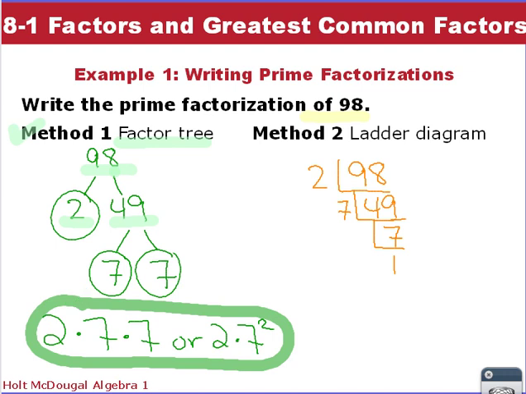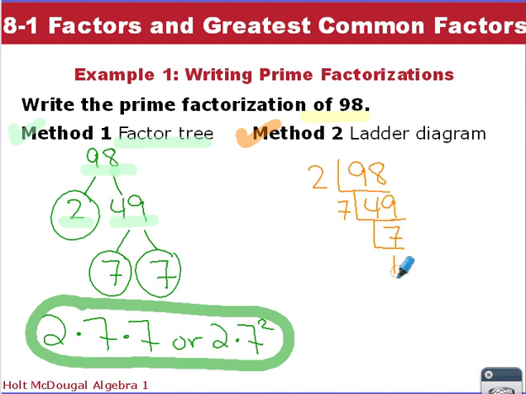Looking at the ladder method, again we start with the number we want to factor, which is 98. Again, 98 is divisible by 2, so 2 times what is 98? 2 times 49 is 98. And then 49 is divisible by 7, 7 times 7 is 49. And that's going to leave us just 1.